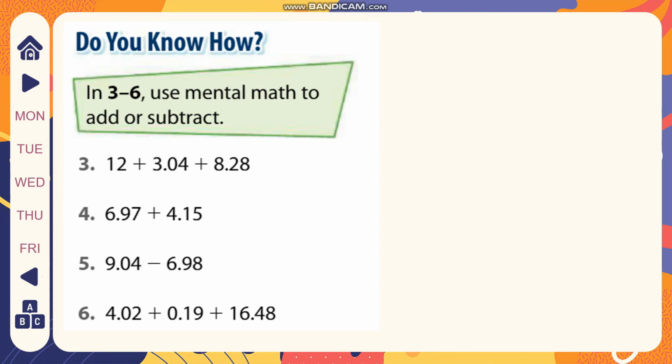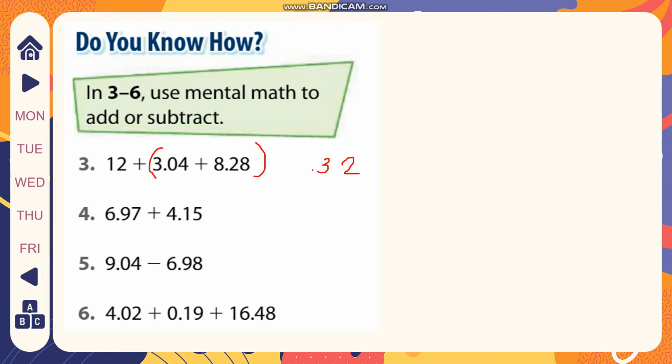Okay, so if I'm going to apply a different strategy, I will apply the associative property here. So I will add first these two. 3.04 plus 8.28. So 0.04 plus 0.28 is equivalent to 0.32.